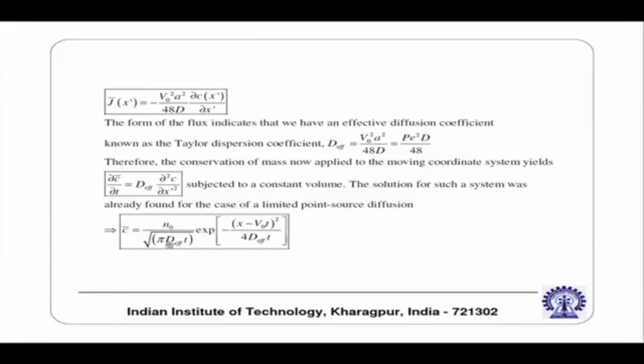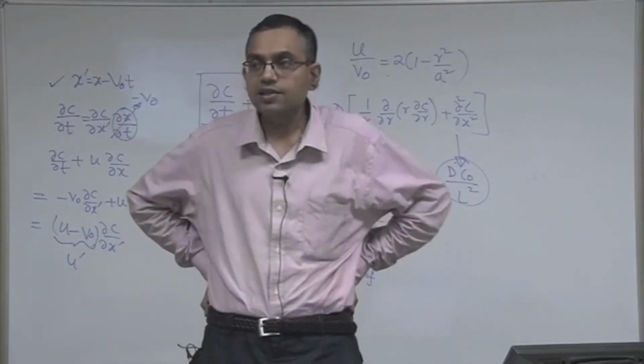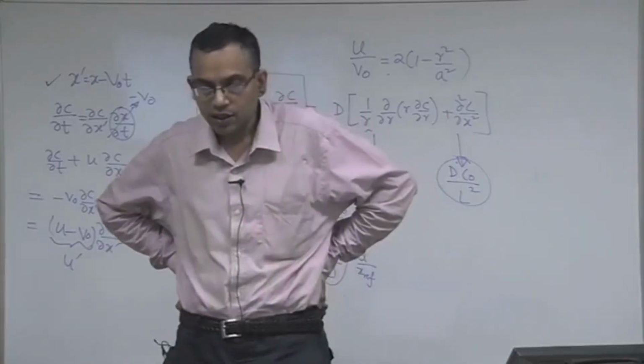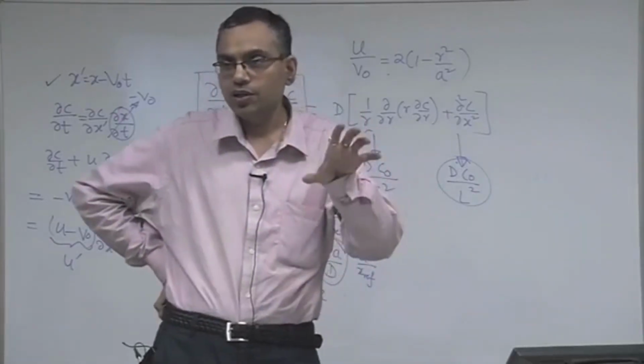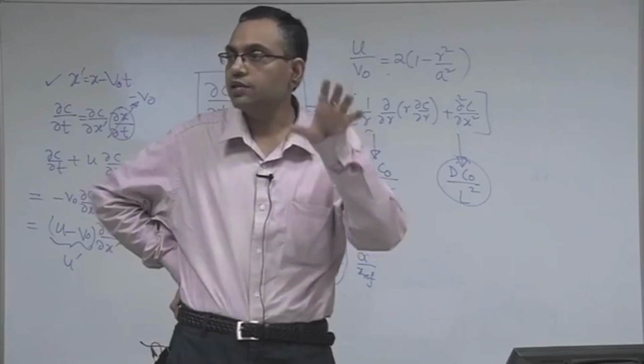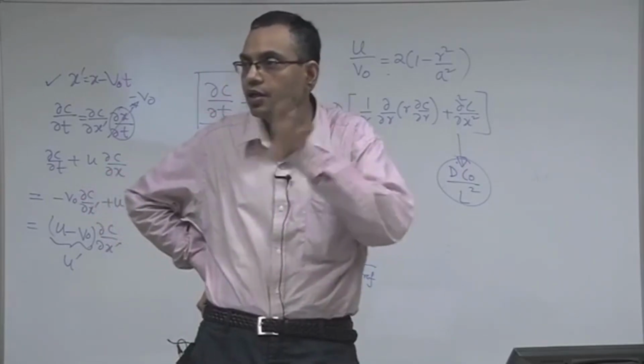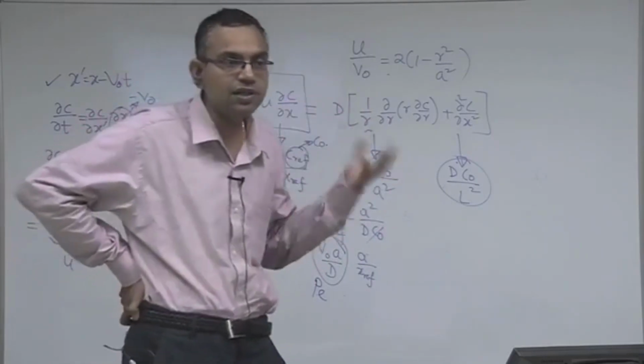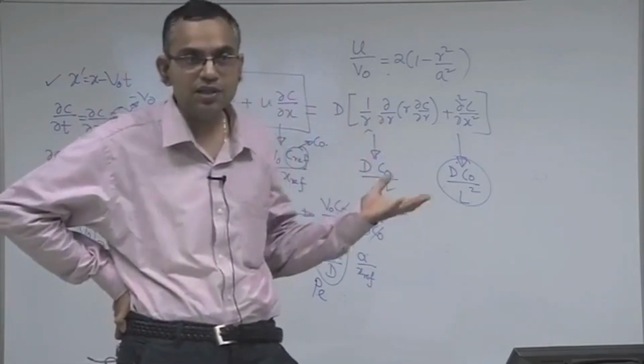So this is the concentration solution as a function of time and position. So that means we have described a picture by which you can make a framework of finding out the species concentration as a function of position and time using Galilean transformation and using the Taylor's dispersion based analysis that we have just demonstrated.